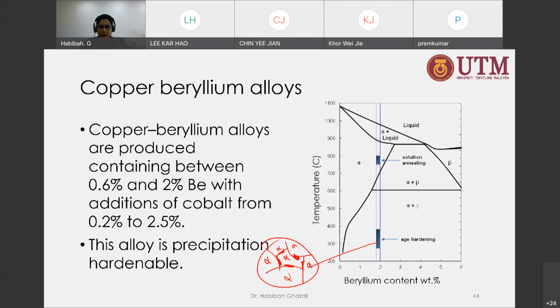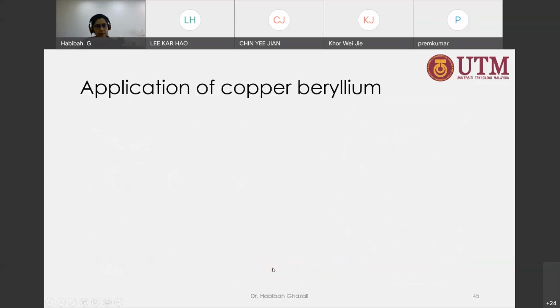Through precipitation hardening, we can increase the temperature again until all the beryllium is saturated inside alpha, and then we quench them and do age hardening. What will happen is that gamma will instead come out in the matrix of the alpha as very fine particles of precipitates. So this type of copper alloy can be heat treated.